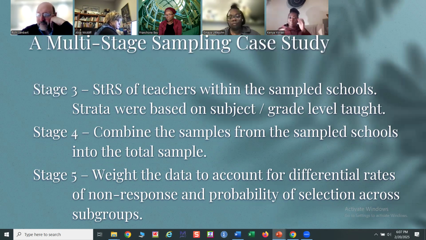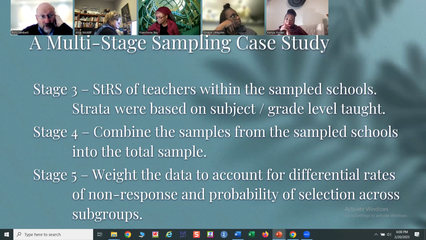Okay, excellent. All right. Here's how it works. When we get to some of the units later in the course, we're going to walk through how the calculations work that determine the number you need to get a certain margin of error.